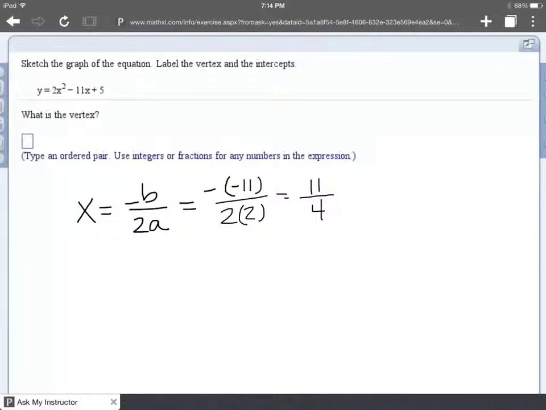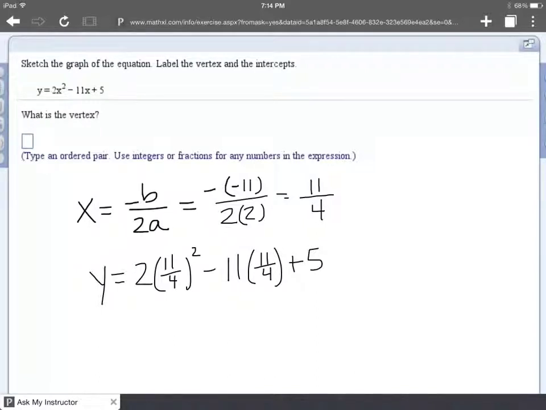That's the x coordinate. So we have to take that and plug it back into our function wherever the x is to find out what y equals. So y equals 2, and instead of an x squared here, I'm going to put in 11/4. I'll square that. And then instead of an x here, I'll put in the 11/4.